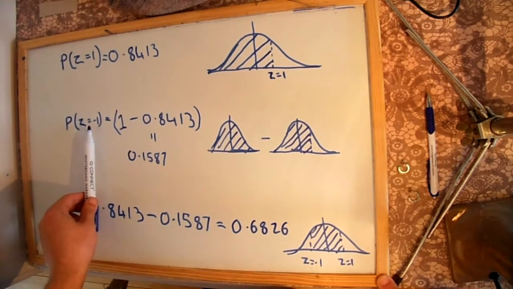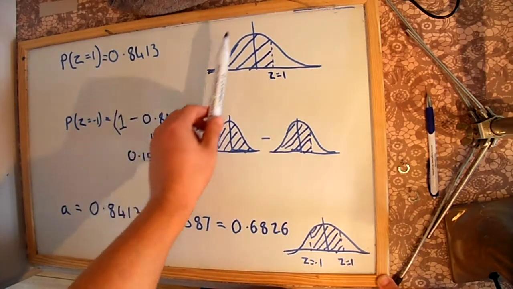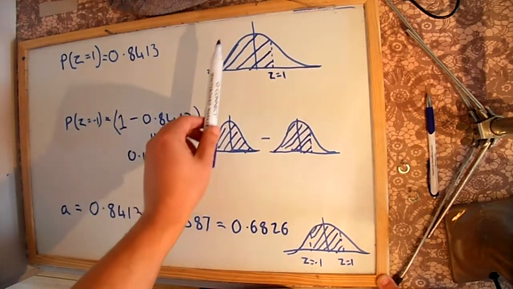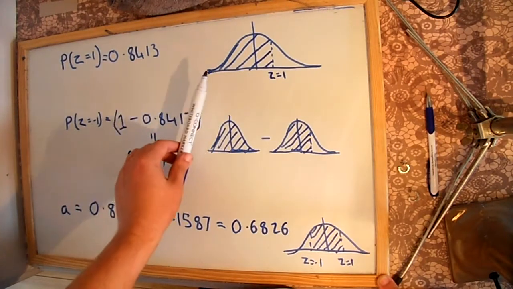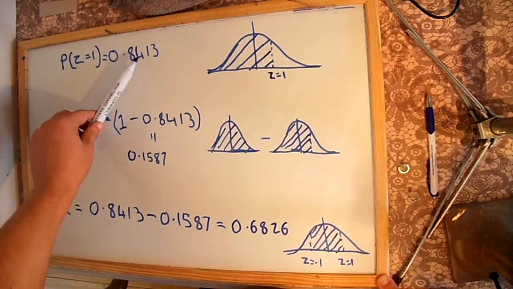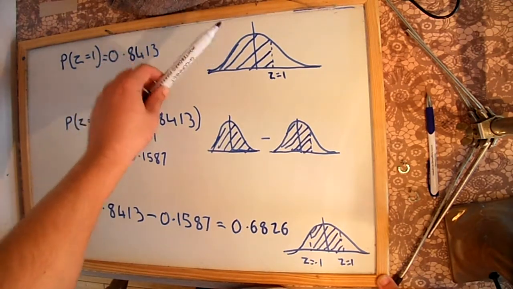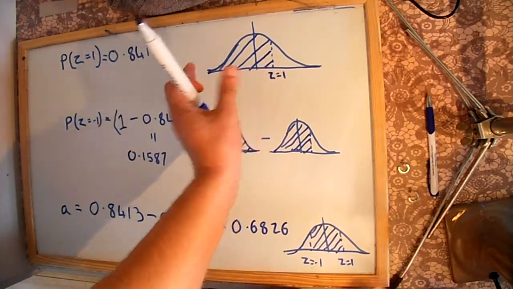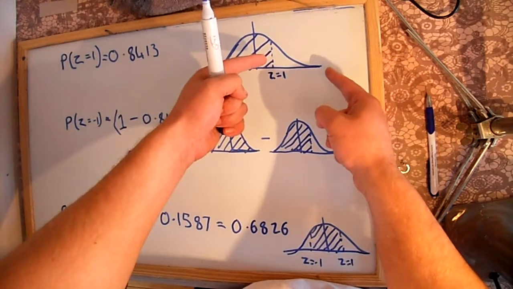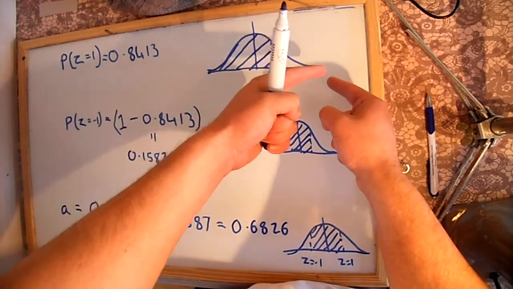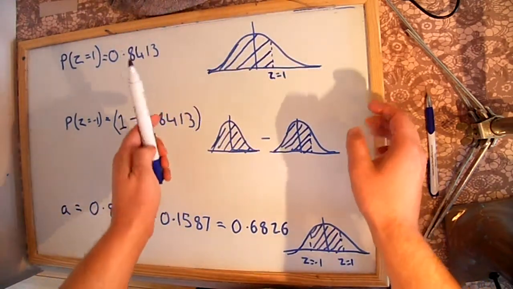Then when we look at -1, we have to take the full probability of the whole normal distribution curve, which is 1 because it's 100%, and then we have to take away z equal to 1, because if we take the whole curve, take away z equal to 1, we're going to be getting this part of the curve all the way down this side to infinity.